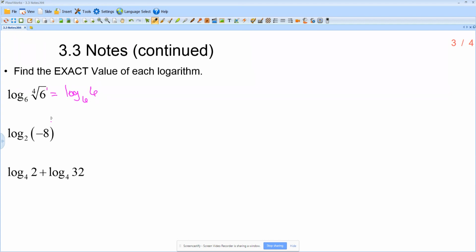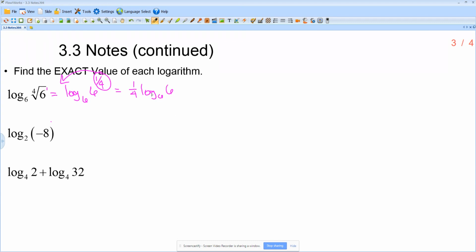Well, the degree of 6 is 1. But because it's the 4th root, that becomes the denominator of the exponent. Using my properties, I can bring down this 1/4. So it becomes 1/4 log base 6 of 6.